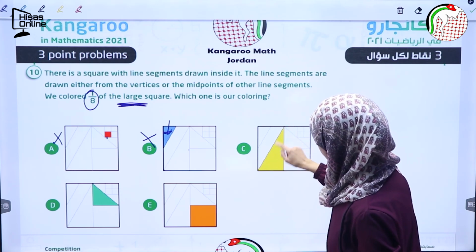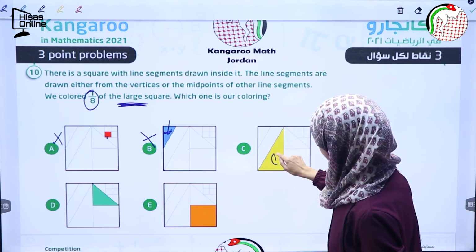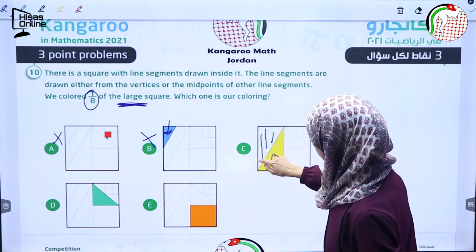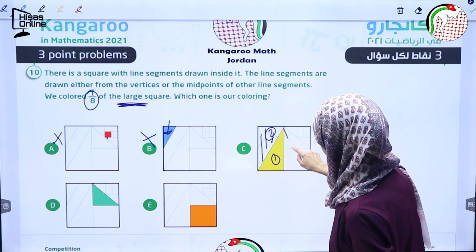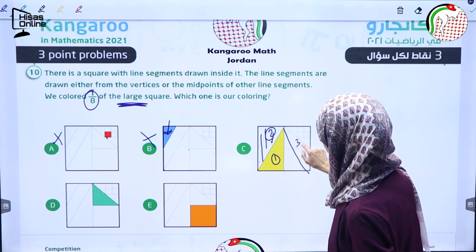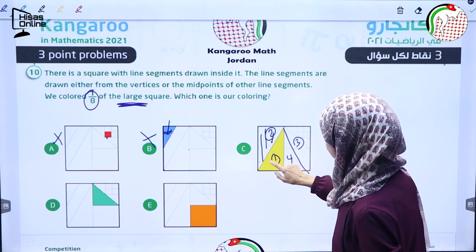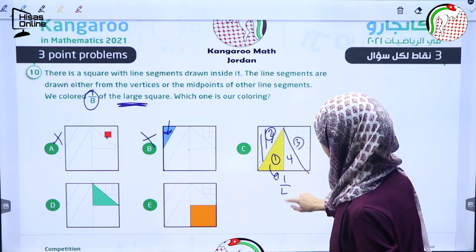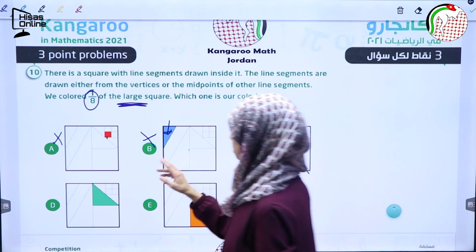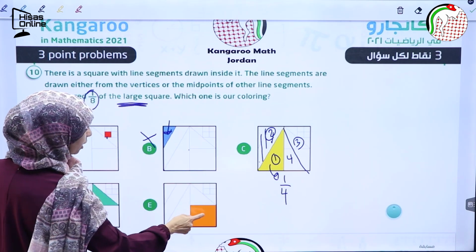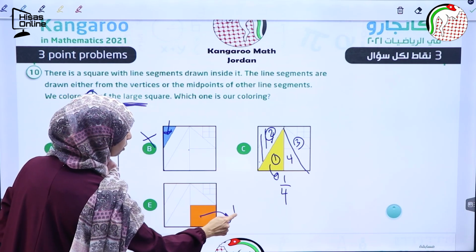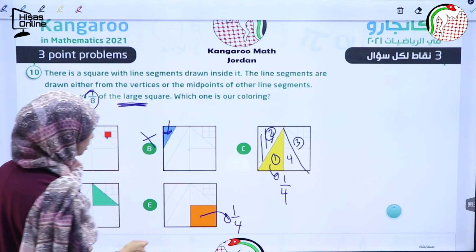This one here, if you check, this can be part number 1, that one, part number 2, and if we imagine that we have a line here, so this is part number 3 and part number 4. So the colored fraction is a fourth, which is not an eighth. This one again, it's a fourth, or a quarter of the square.